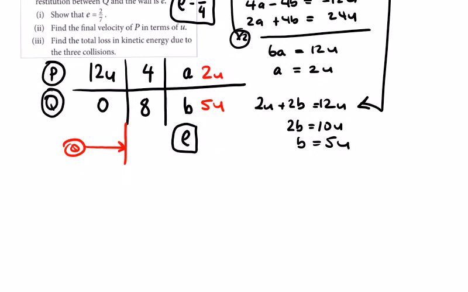We can do the new velocity divided by the old velocity is equal to minus E, and we'll call the new velocity C. So C divided by 5u is equal to minus E, so C is equal to minus 5uE.